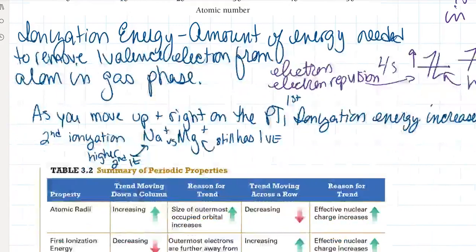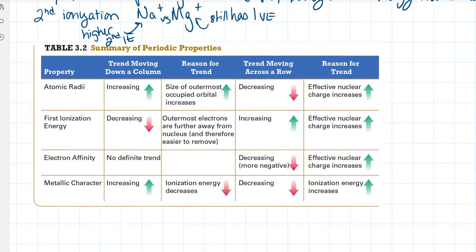And so lastly, we're going to finish off with a small table here. And what this does is summarize some of the key things we've already talked about, as well as two additional characteristics. Metallic character, that one's pretty straightforward. How metal-like is it? But in this case, electron affinity means how likely we are to accept electrons. So as we move across a row, we'll see that it decreases.